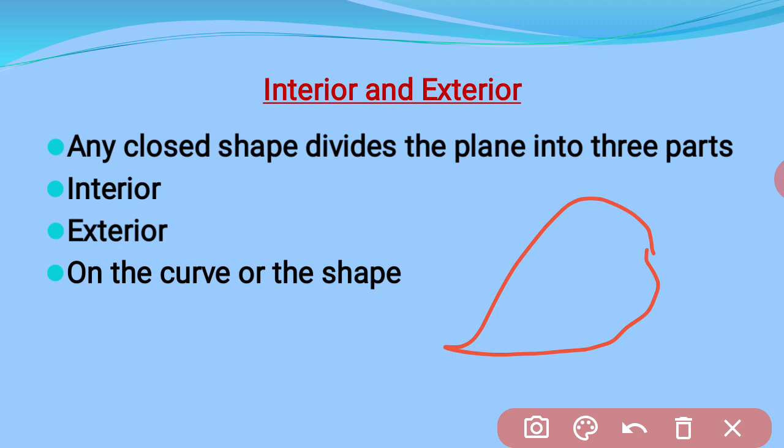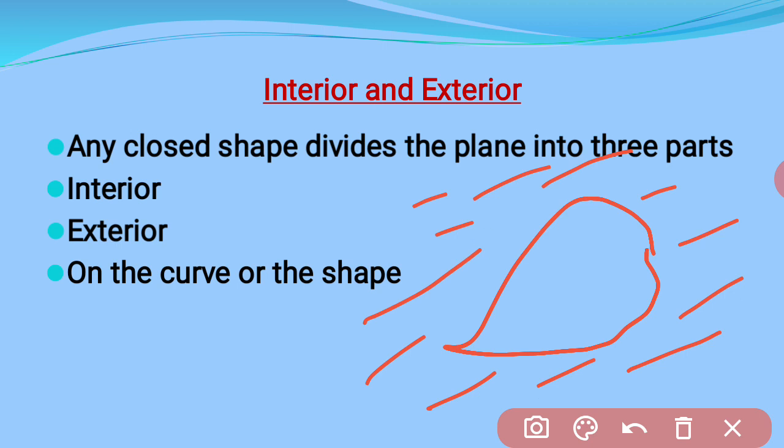Now if I'm talking about the interior, this part is the interior of the curve, that is inside it. Then comes the exterior part. So these parts which are out of it will be called the exterior of the given figure.